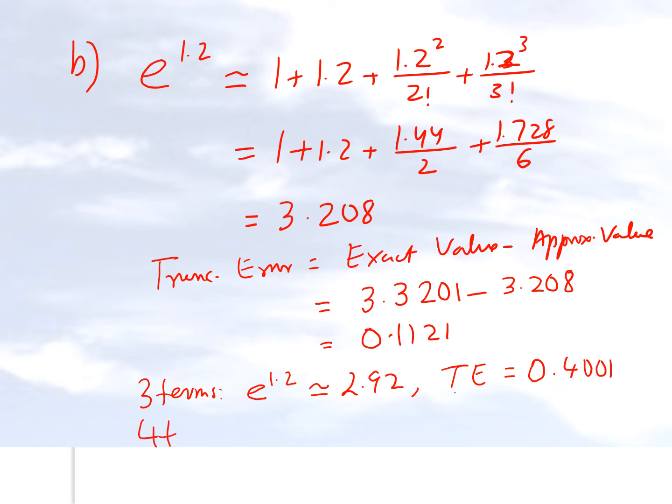And when we had four terms in the series, e to the power 1.2 turned out to be approximately equal to 3.208, and the truncation error was 0.1121. So as you're finding out, as you take more and more terms in the series, you are going to get a better and better approximation of e to the power 1.2 in this case.